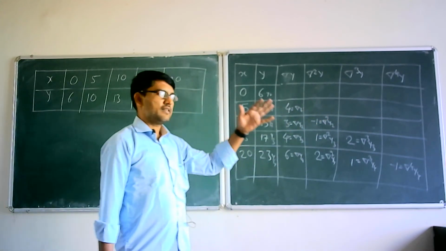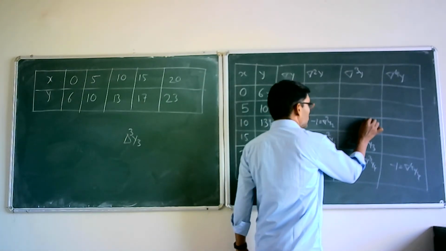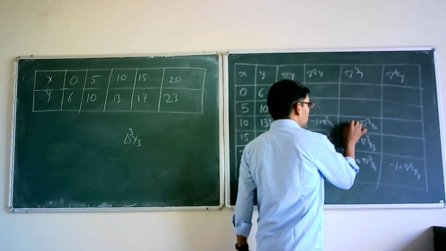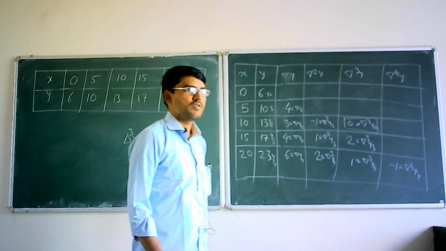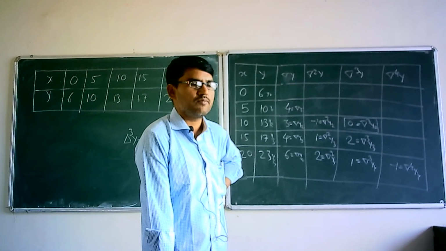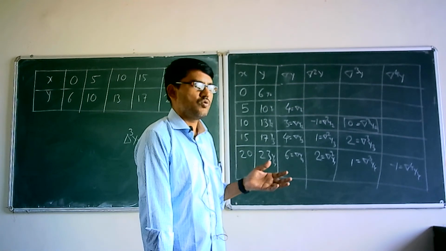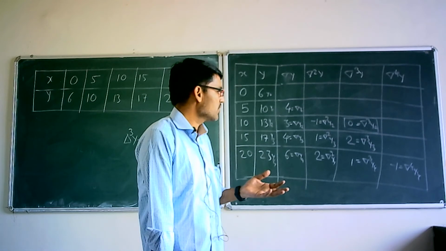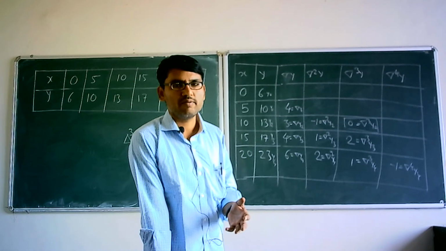The remaining values are 0. That is, if you want to determine del cube y2, the value is 0. So I hope you understand how to construct a backward difference table and a forward difference table. All these we require to interpolate, or to determine values of y for any given values of x.